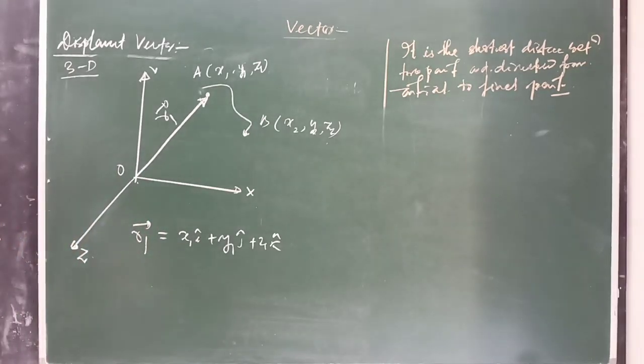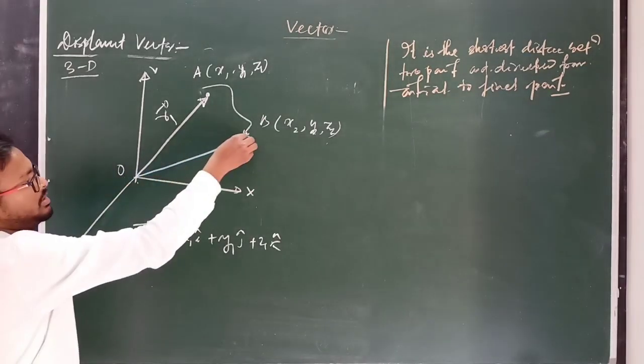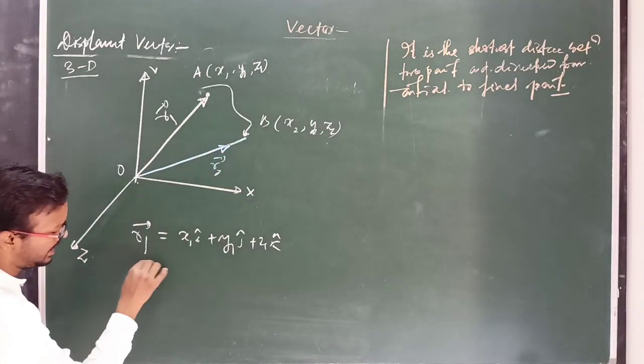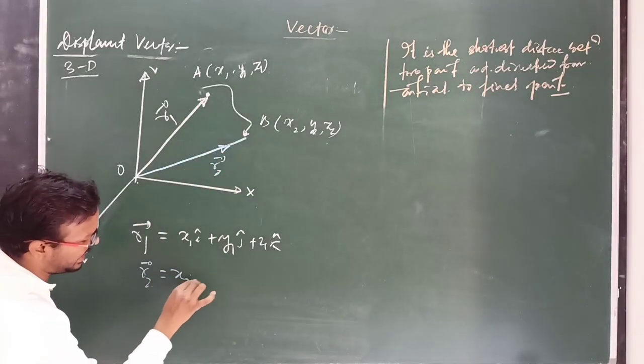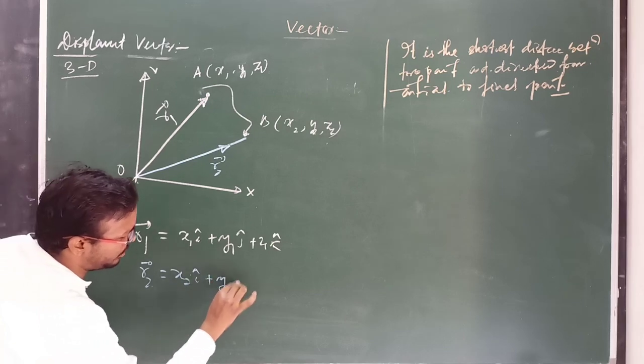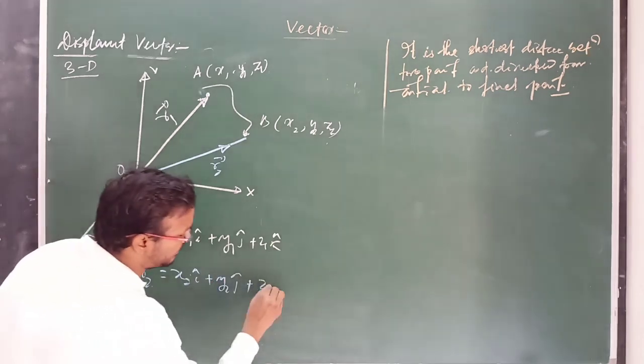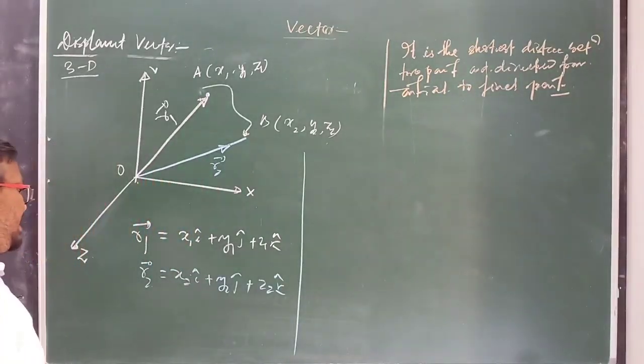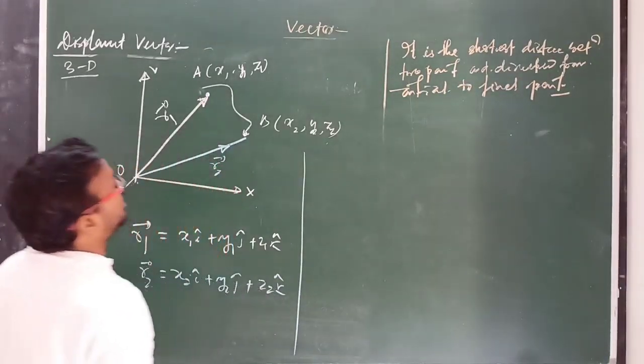Clear? Similarly, the position vector at this point, r2, in the three-dimensional case, equals x2 i cap plus y2 j cap plus z2 k cap. Clear? Okay. Now find the displacement vector.